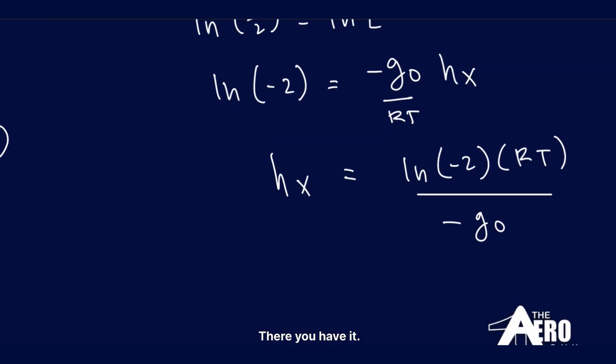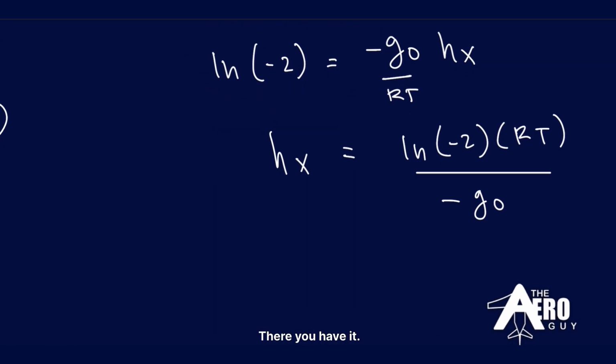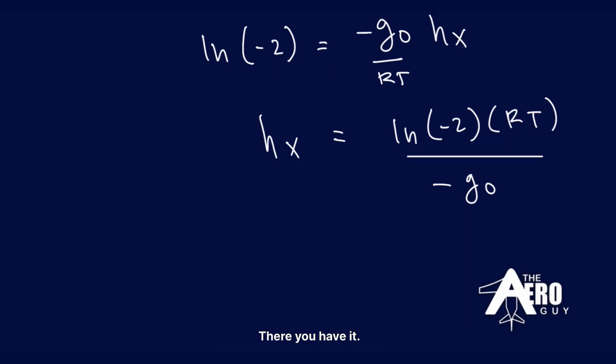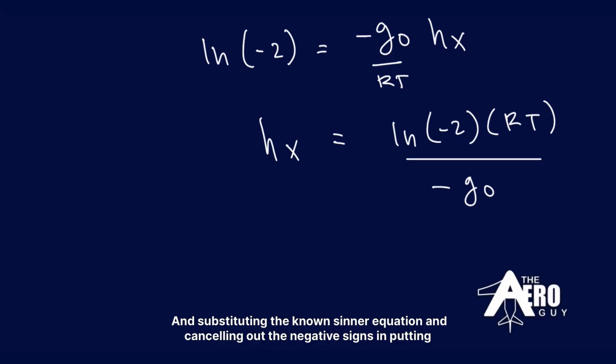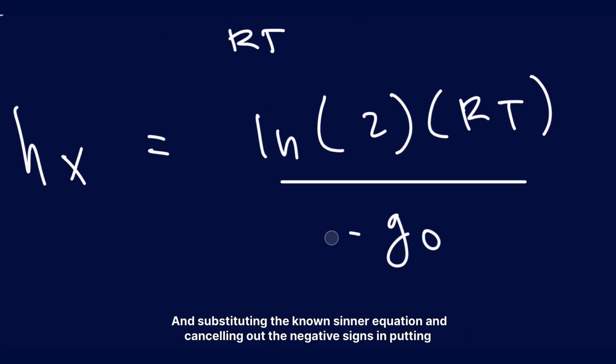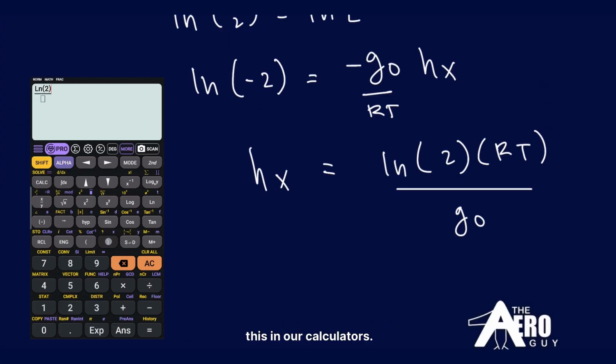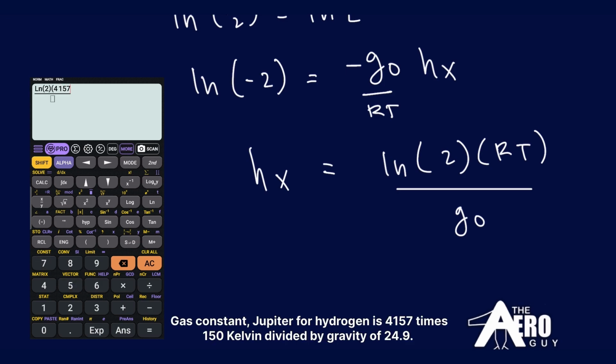There you have it. And substituting the knowns in our equation and canceling out the negative signs, putting this in our calculators, the gas constant in Jupiter for hydrogen is 4157 times 150 Kelvin divided by gravity of 24.9.